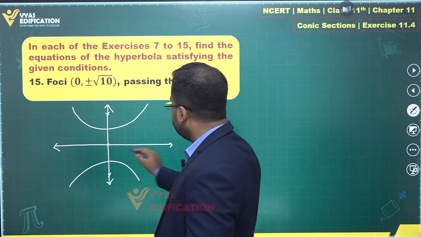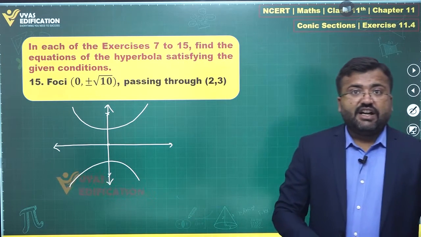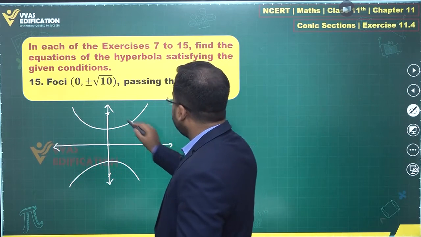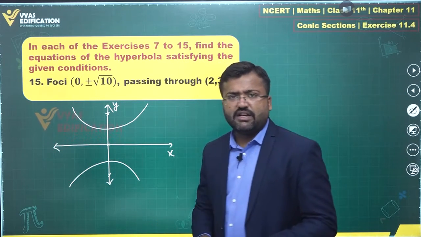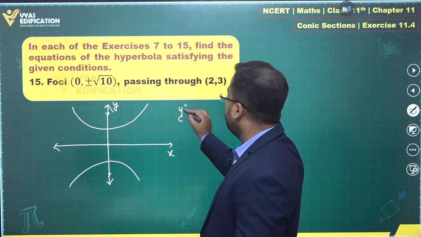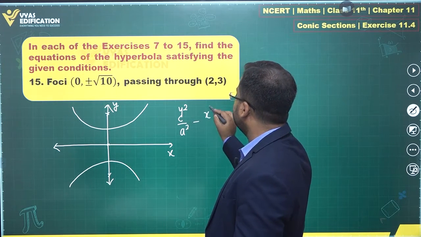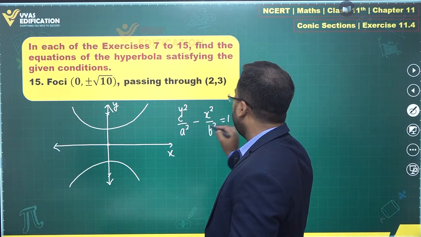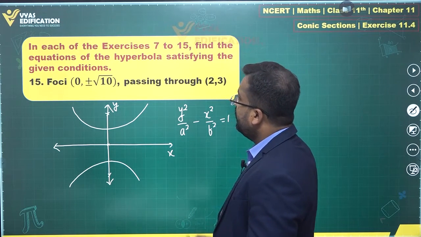This will be the center and this will be the conjugate axis, right? So the x and y axis will be the transverse and conjugate axis interchangeably, right? And the equation will look like y square upon a square minus x square upon b square is equal to 1. This is what it will remain, right?